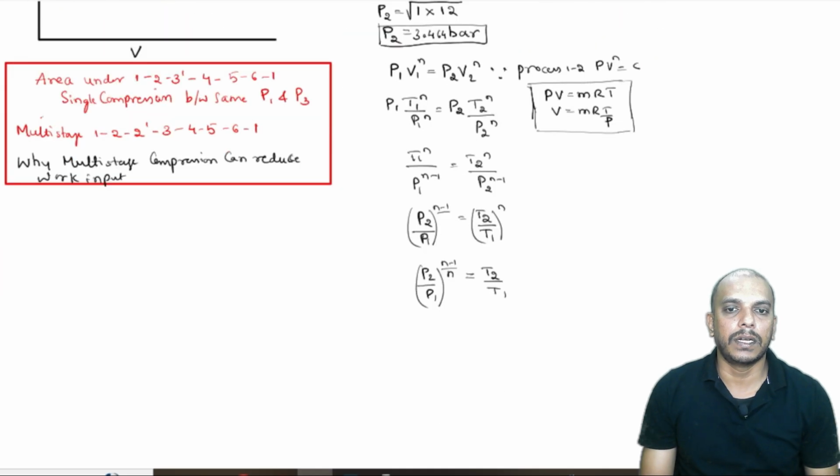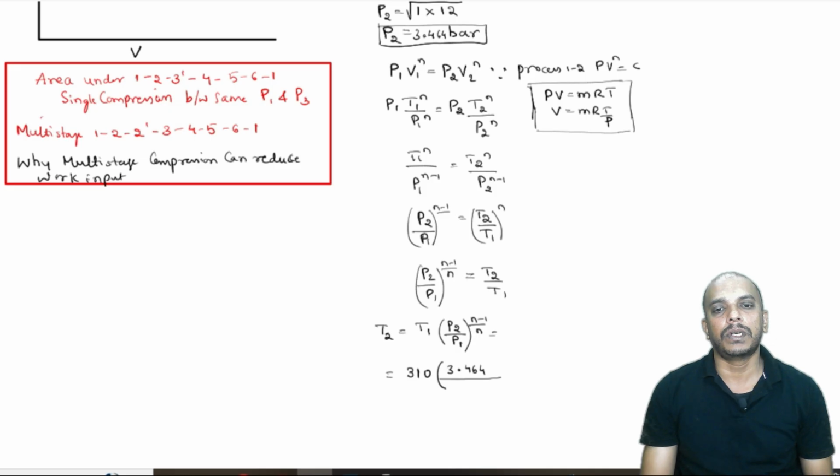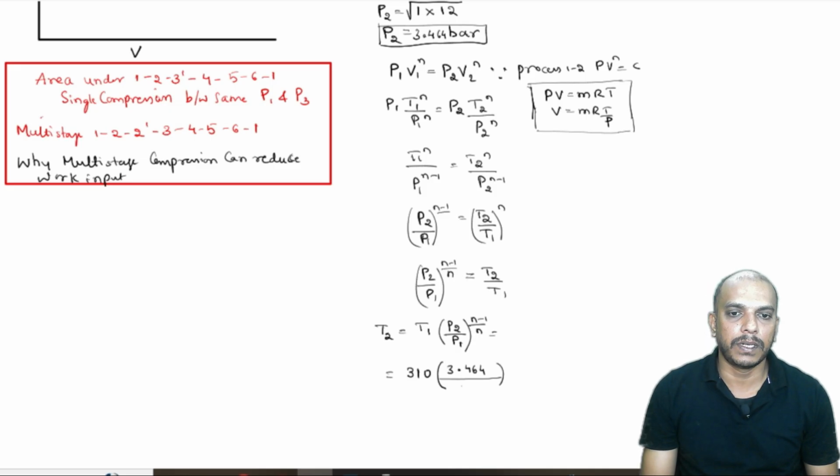Or we can also say that T2 is equal to T1 times the pressure ratio, intermediate pressure divided by suction pressure, whole power (n-1)/n. Now, we know T1 is 310 Kelvin, and the intermediate pressure we had got is 3.464. We need not bother about converting it to Newton per meter square, because the 10^5 cancels out. Now, P1 is 1.